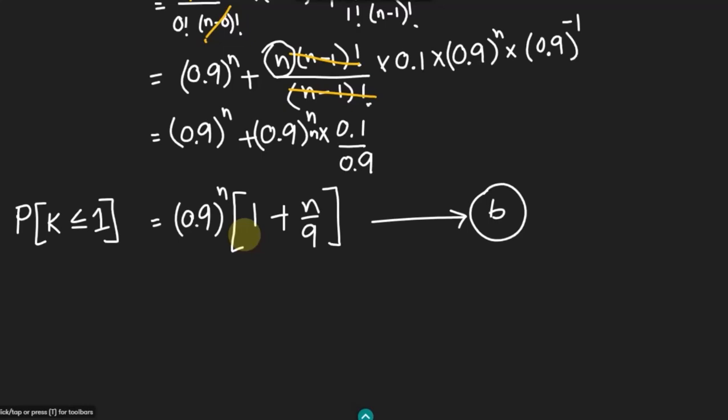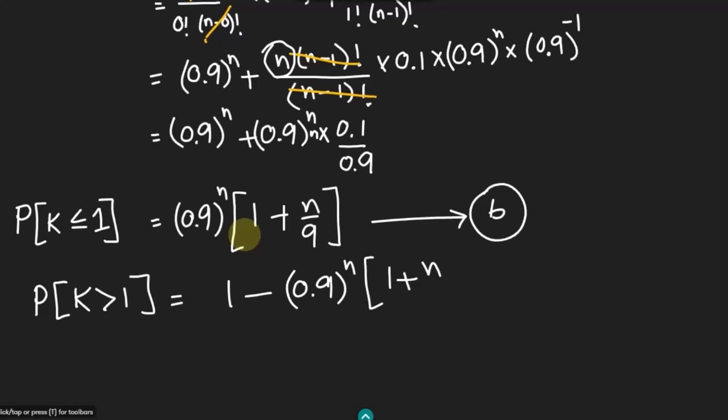Now putting equation B in equation 1, what will I get? I will get the probability that k is greater than 1 is equal to 1 minus 0.9 to the power n times 1 plus n by 9. Okay, so what is this?